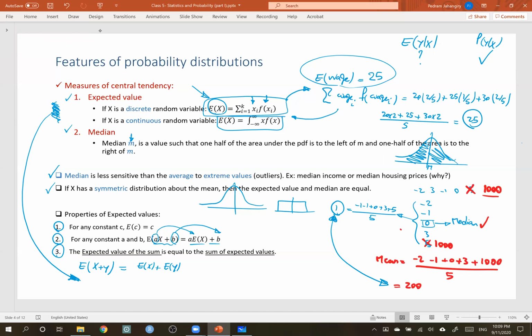But we don't prove anything in this class, and I don't expect you to prove anything. Okay, this is an applied course. But for fun, you can give it a try. Try at home to prove mathematically that the expected value of a sum is exactly equal to the sum of expected values. Okay. All right.